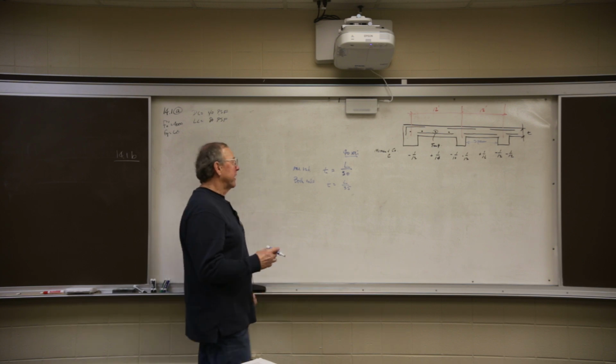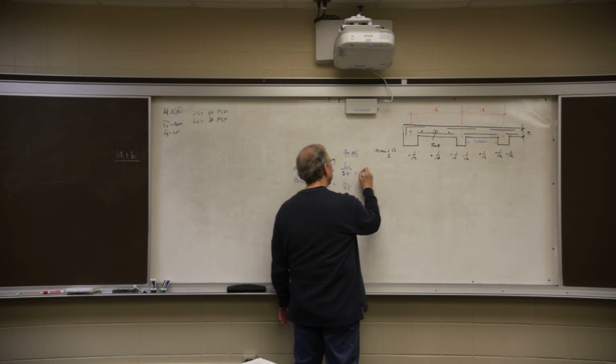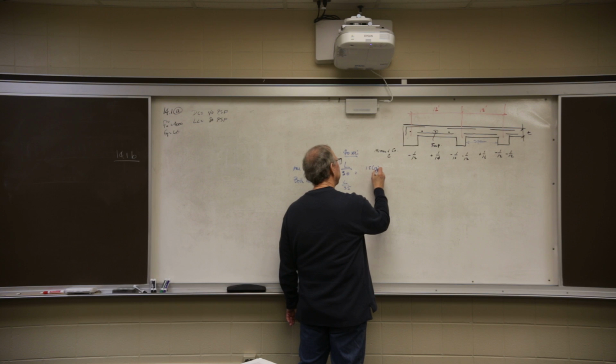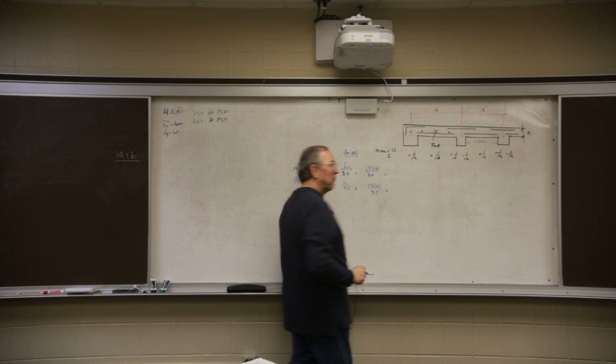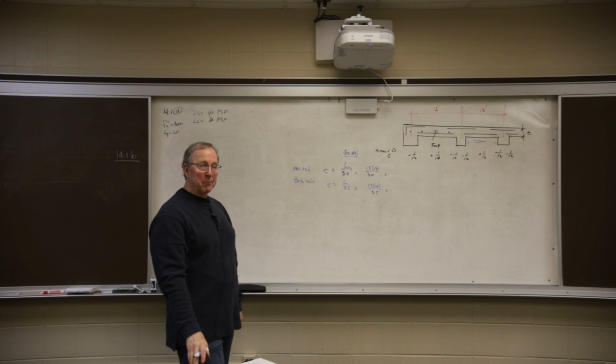So I'm going to go for 15 feet. So this is going to be 15 feet times 12 inches per foot divided by 30. This is going to be 15 feet by 12 inches per foot divided by 35. One of those 2 is always going to give you a bigger number.